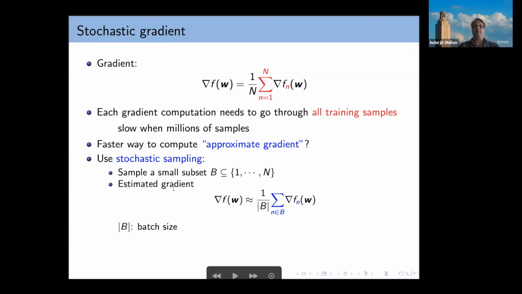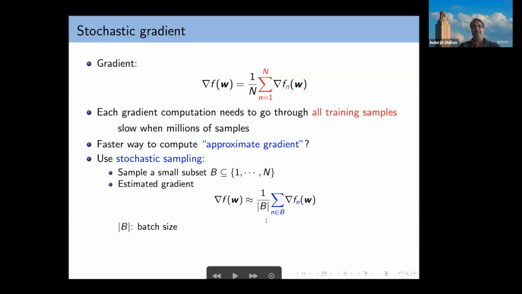So what you can do is, instead of taking all your training data, you can sample a small subset of this training data, right? And then you can estimate the gradient by taking the sample mean of the gradients over this small subset. So you're basically doing the same thing as above. This is the true quantity that you want to get.